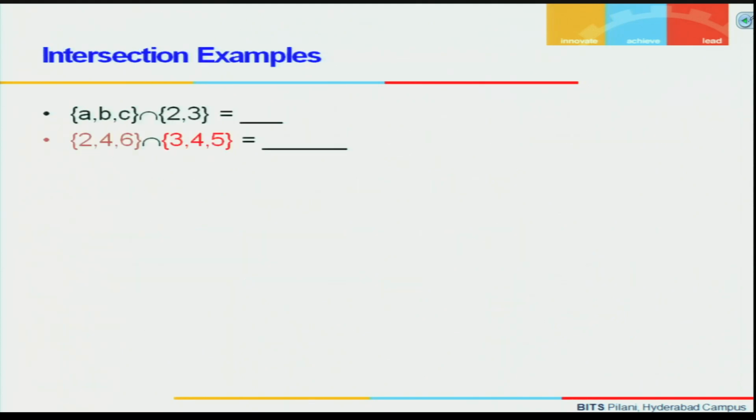So, if you got two sets like A, B, C intersection 2, 3, what is the intersection over here? Just think. It is going to be an empty set because there is no element common, and in this case it is 4.